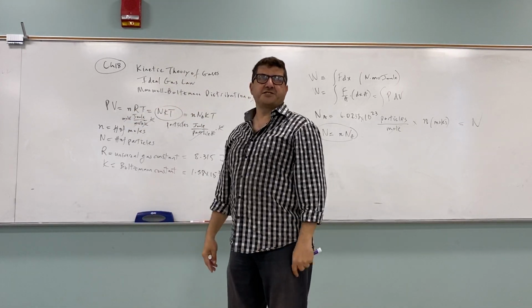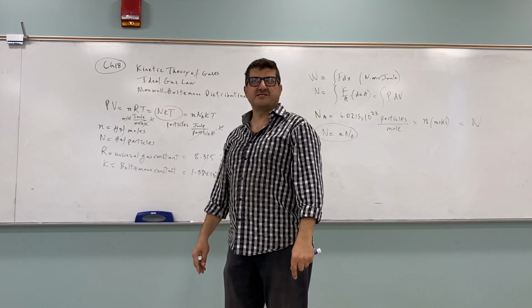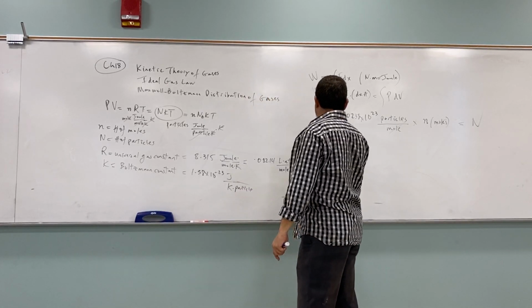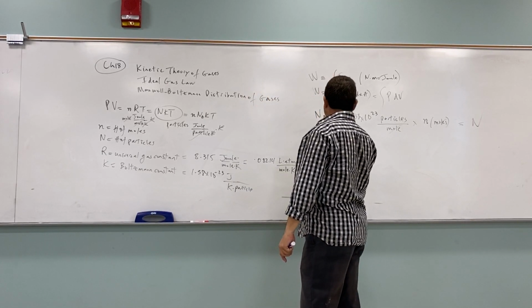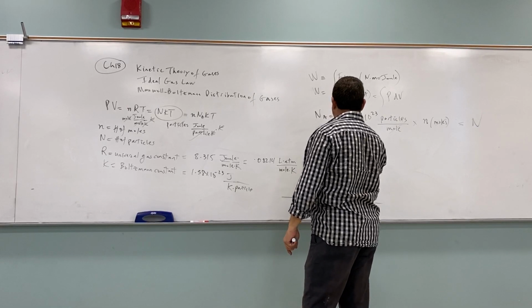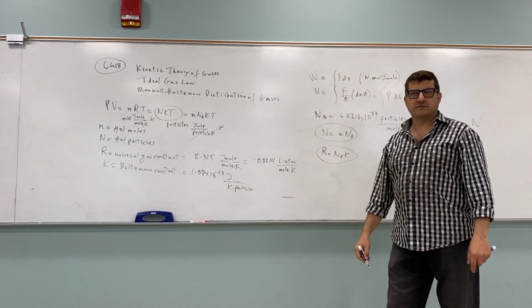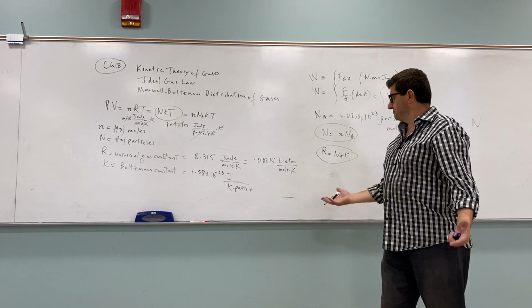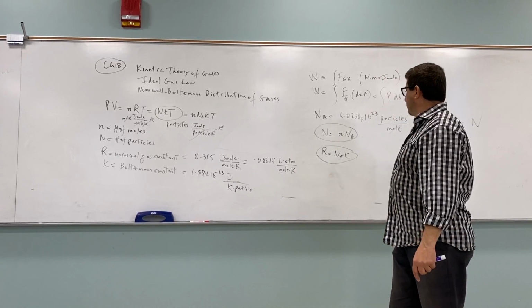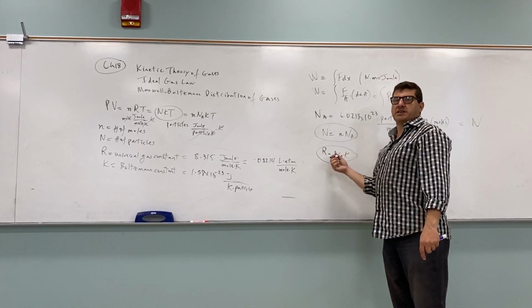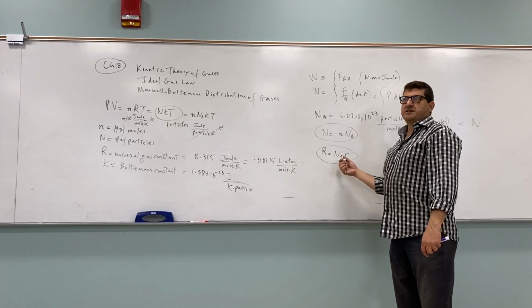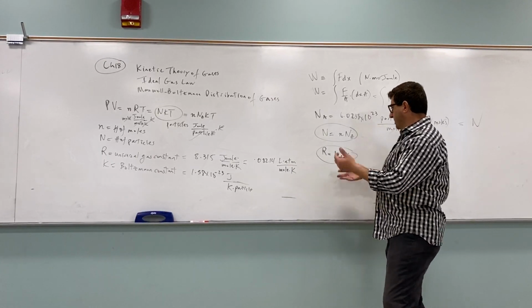So the gas constant is literally Boltzmann's constant times Avogadro's number, R is equal to N_A k. Have you guys ever heard of that before? No? Cool, huh? It's kind of like we're just giving them names, but they're all related.